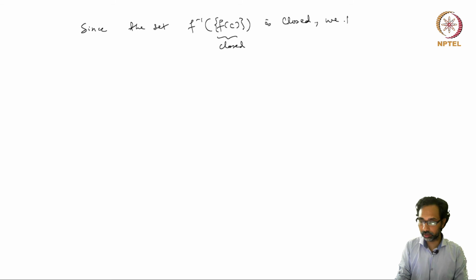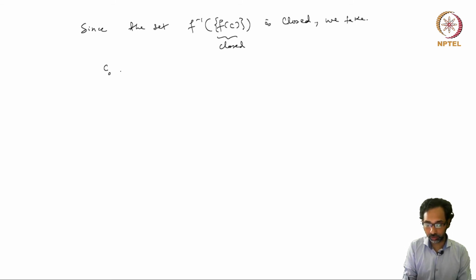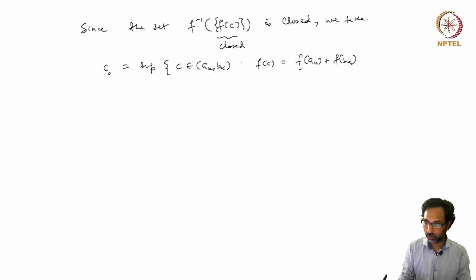We take c naught to be the supremum of points c in (ak, bk) such that f(c) is equal to (f(ak) plus f(bk)) over 2.